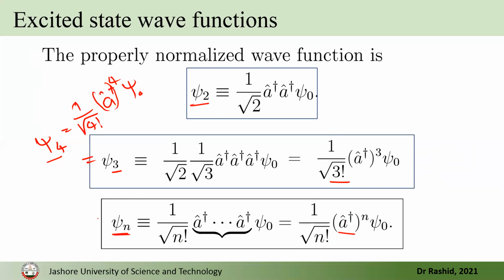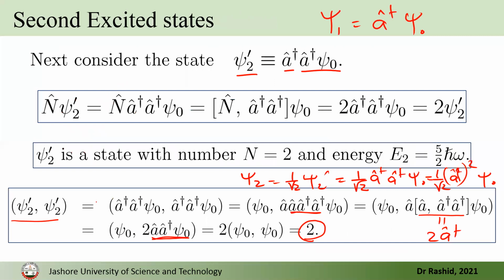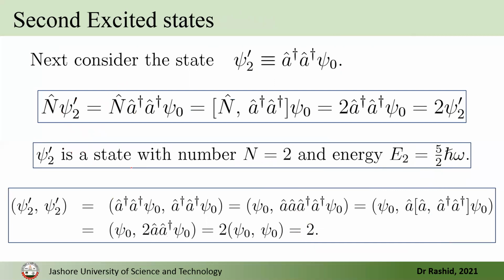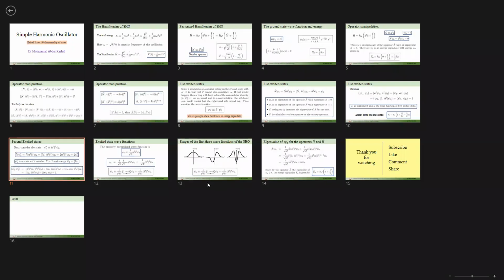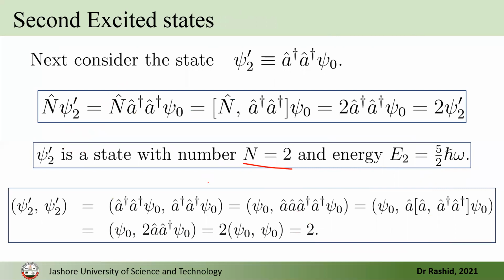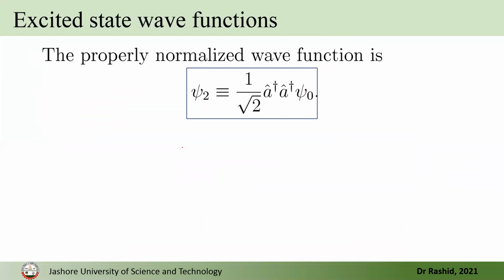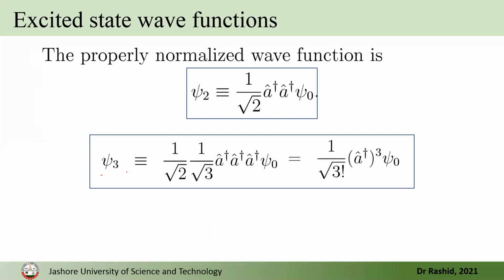And now we have also shown here that the eigenvalue for the number operator is 2 here, and we can show for the third excited state that it will be 3, and for the fourth excited state it will be 4.